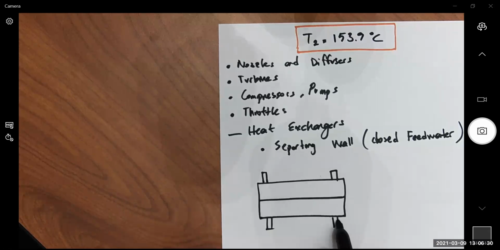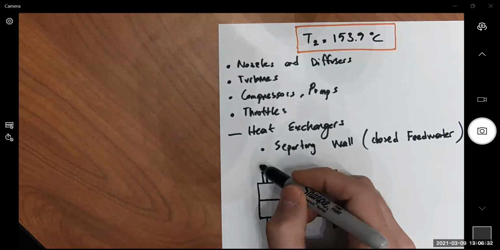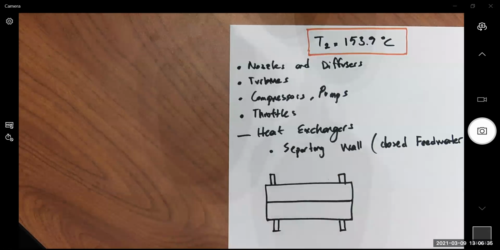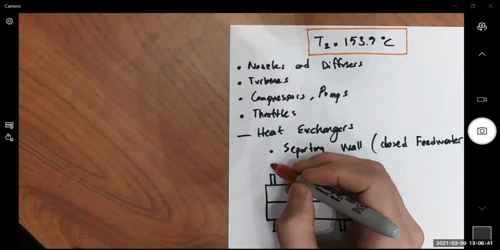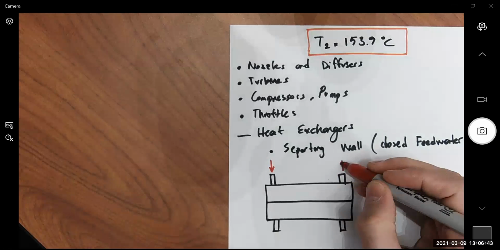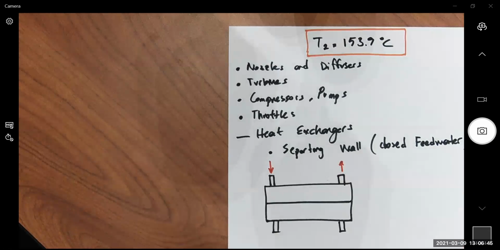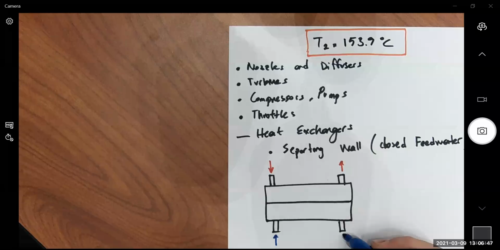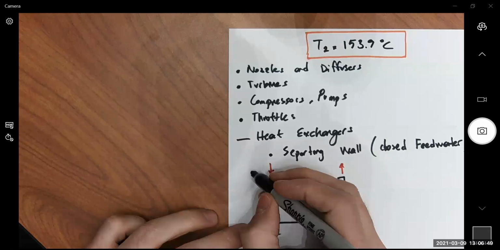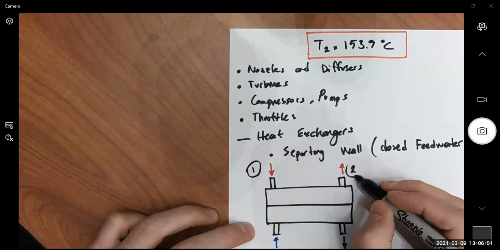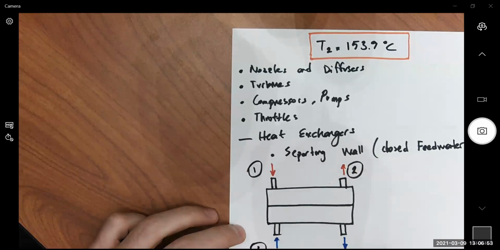Then we have one inlet, one outlet: 1, 2, and 3, 4.